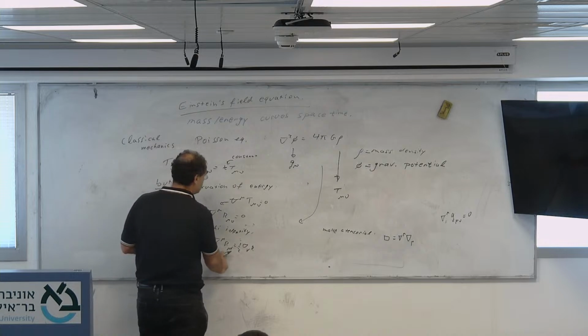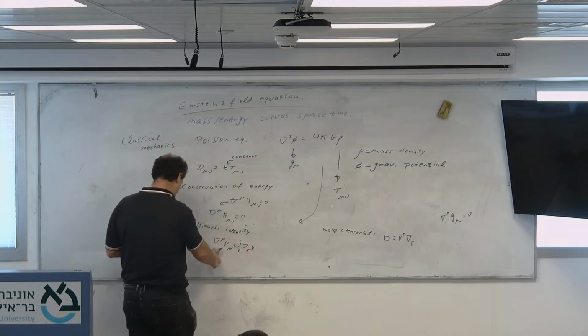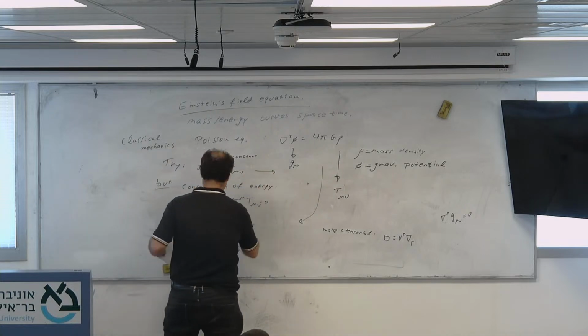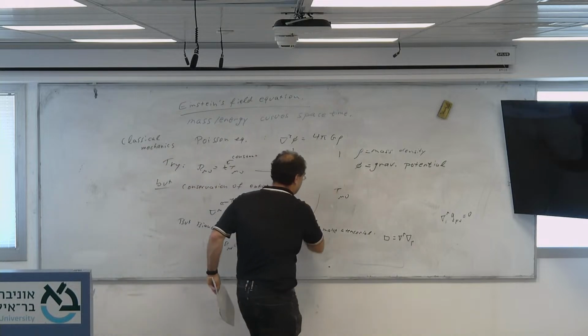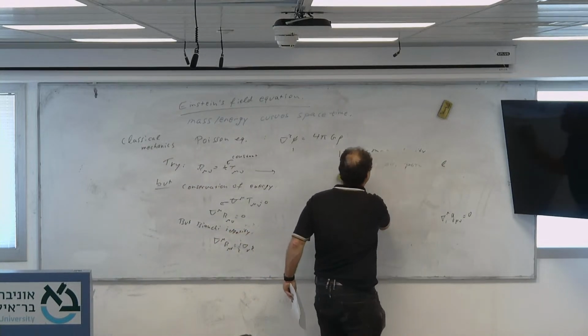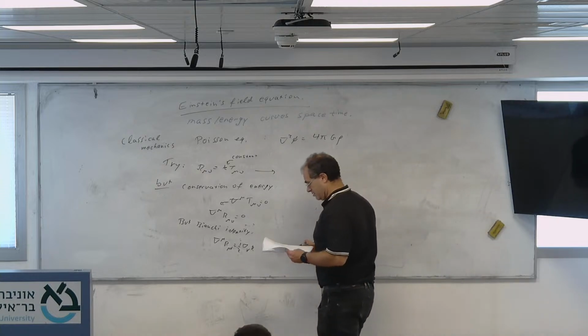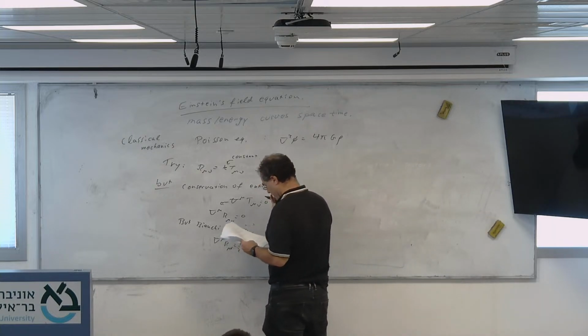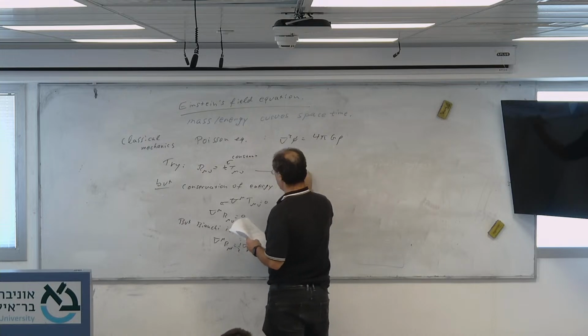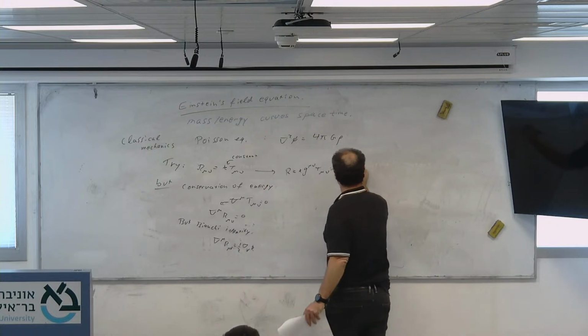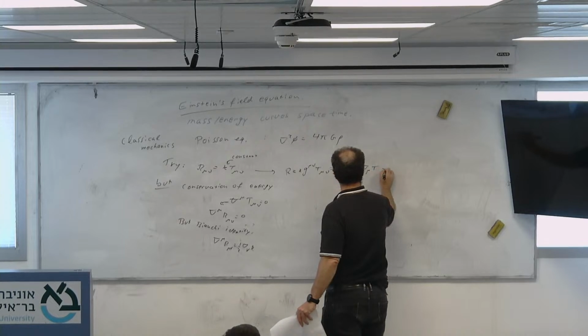So if we put it here, we put R here, so we're making a construction. And R is equal to kappa g mu nu T mu nu, or kappa T, which means that nabla mu T would be equal to 0.